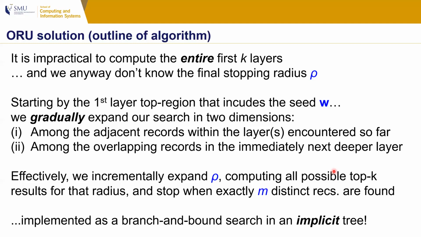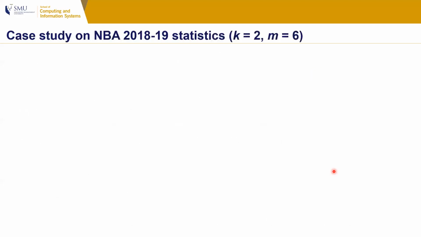And we actually implement this as a branch and bound search in an implicit tree that we are constructing on the fly. That implicit tree's nodes are effectively top regions in various layers.